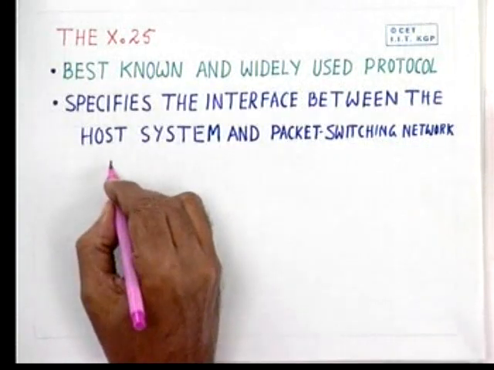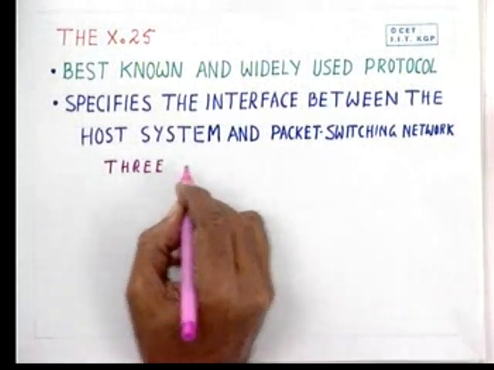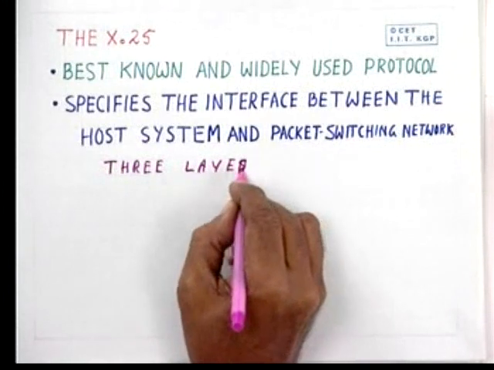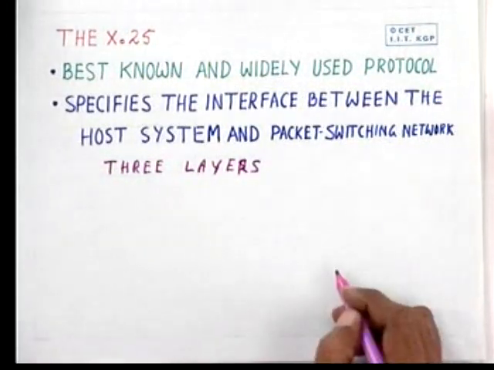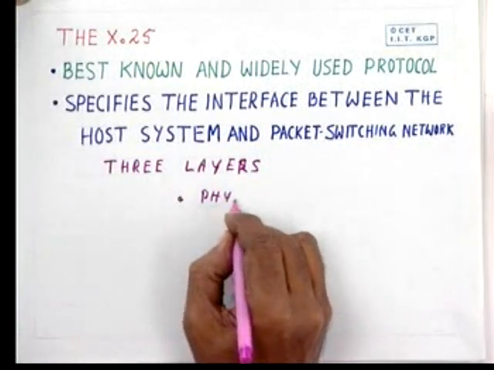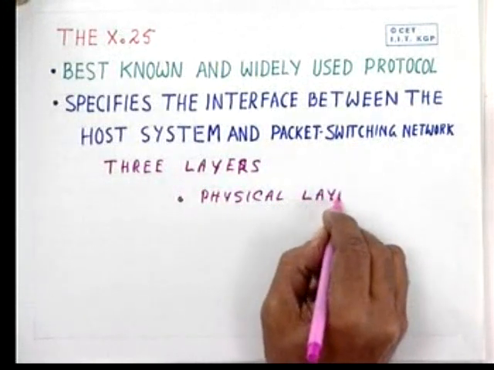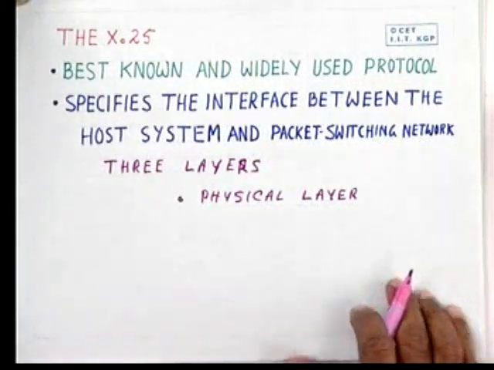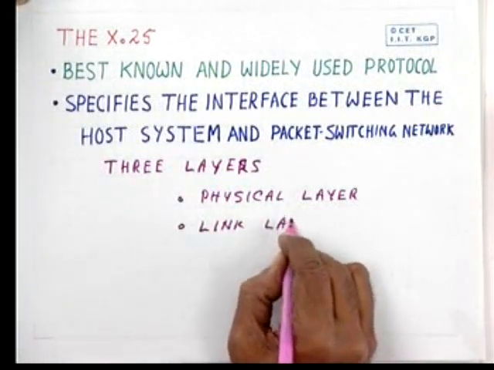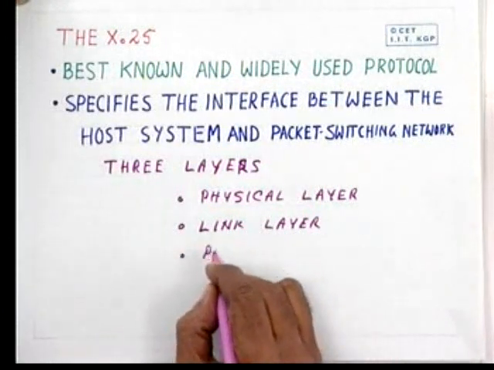The protocol has 3 layers. These 3 layers are physical layer, link layer, and packet layer.